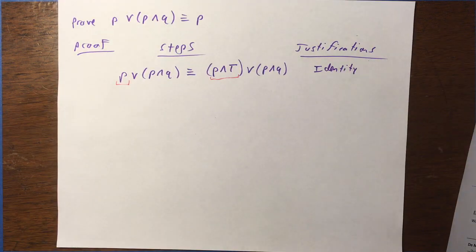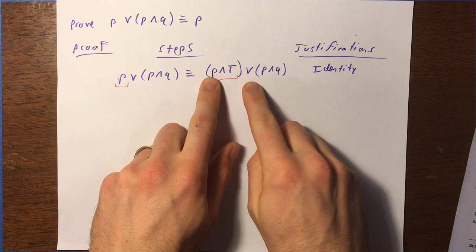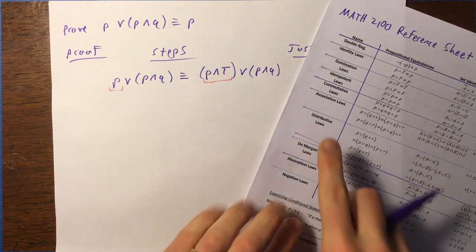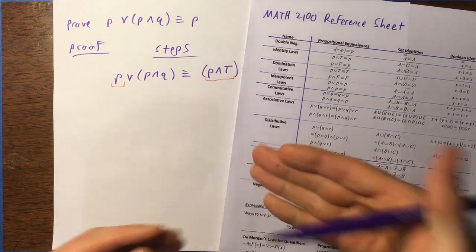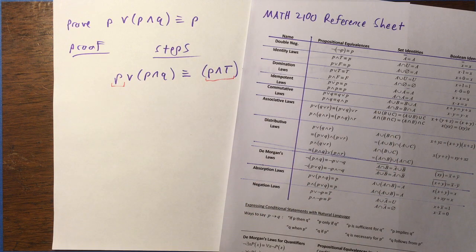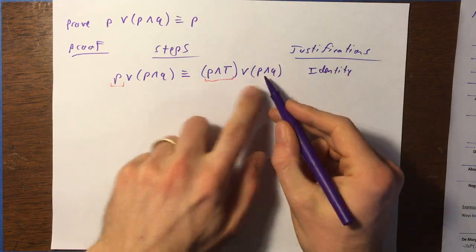Now, the reason that was useful is because we have a format where we have P and something or P and something else. So now what we can do is actually apply the distributive law. And we're going to sort of apply it not as distributing, but more as factoring out. You may remember from algebra class that undoing the distributive law is called factoring, right? You factor out like a common factor. We're essentially going to do that here. We have P and.